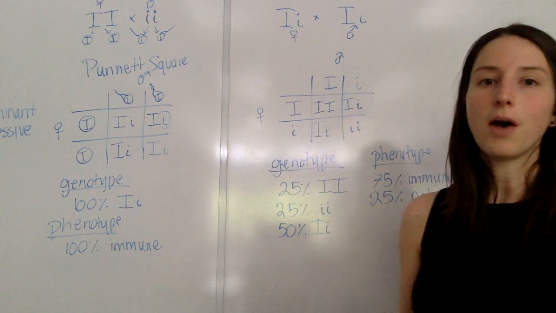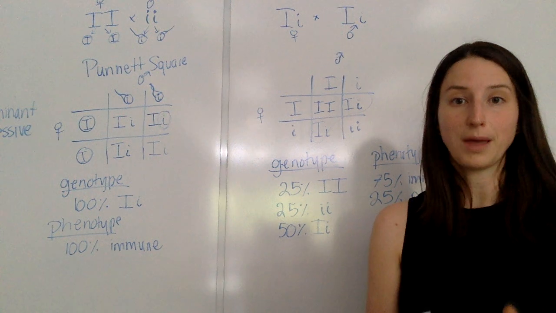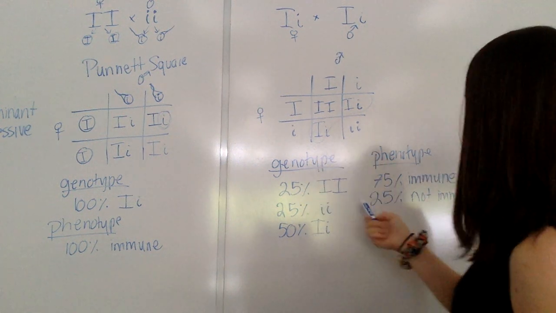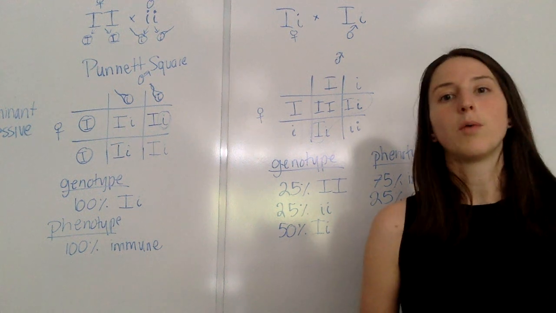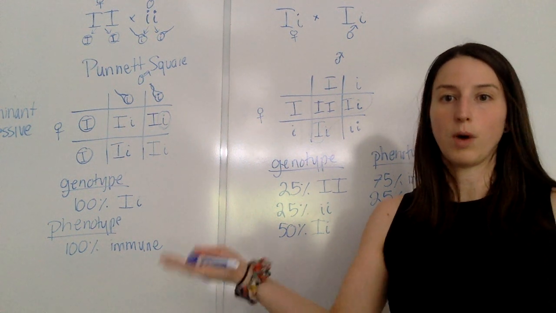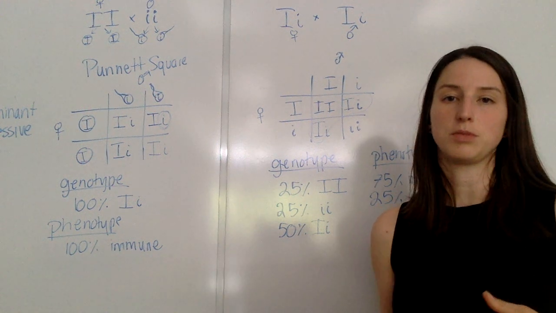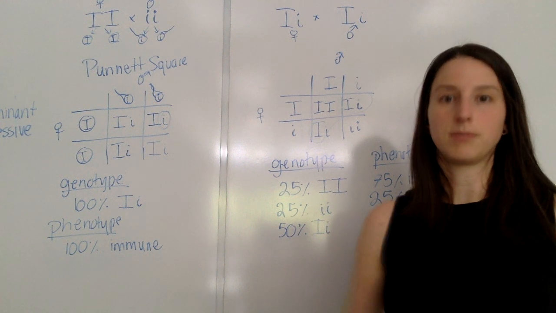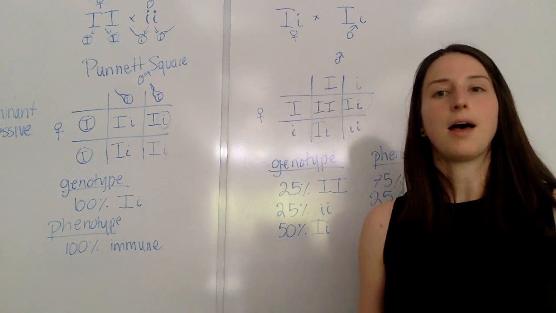This does not mean that one out of every four babies that these people have are going to be not immune to poison ivy. What it means is there's a 25% chance that any one offspring will not be immune to poison ivy. So males produce millions of sperm.